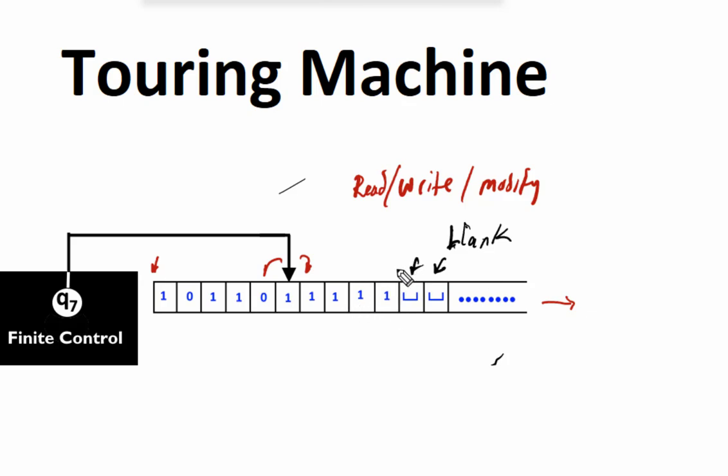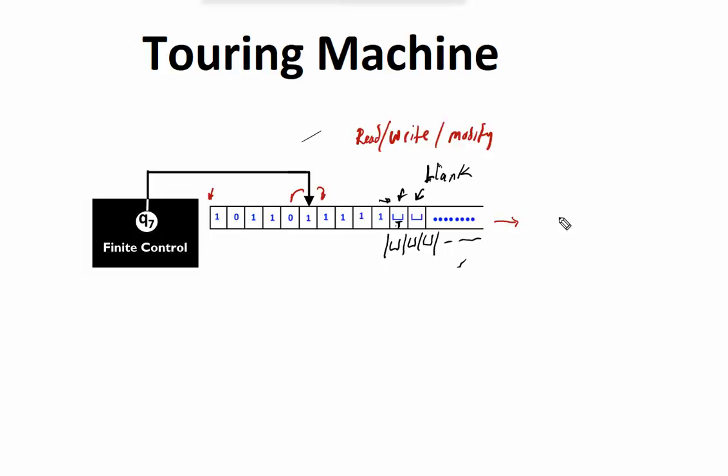So when we try to move right and the tape head sees the blank, it knows it's the end. What it does is write another blank cell. Now instead of 2 blank cells, it will be 3 blank cells, and then it moves back to the left, and that's the end of the tape. So now we are at the end of the tape.